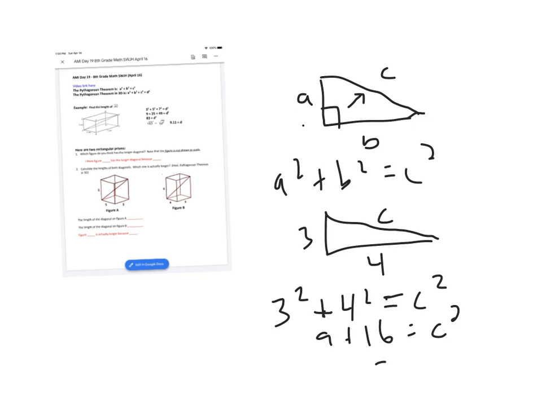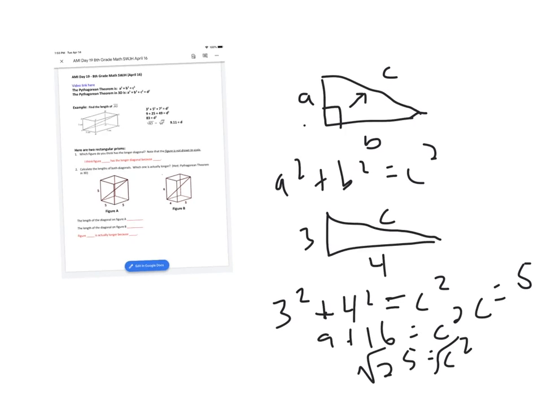We would add 9 and 16 together to get 25. So 25 equals C squared. Well, how do we solve for C? We take the square root of both sides, and C equals 5. So that's just a really easy example of how we apply the Pythagorean theorem.